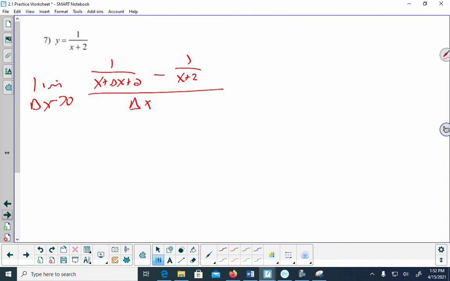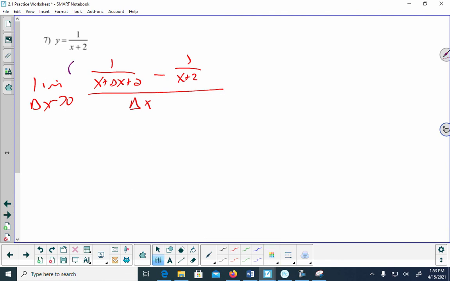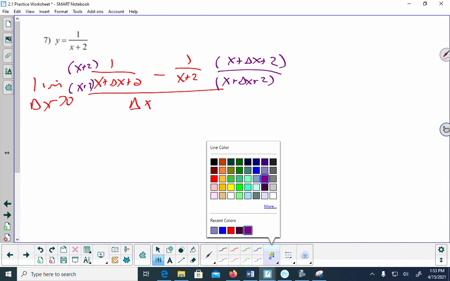Now, when I go to do this, I need to have a common denominator. So I am going to choose to multiply this fraction by x plus 2 over x plus 2. This fraction will be multiplied by x plus delta x plus 2 all over x plus delta x plus 2. So I'm multiplying each part of the fraction by 1, multiplying to make sure I have a common denominator.